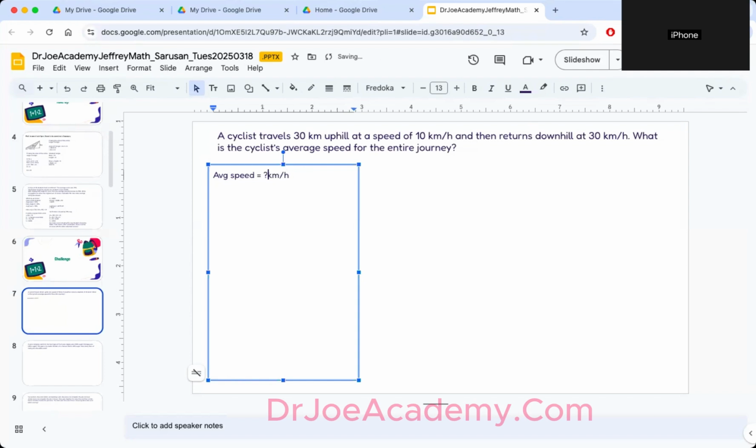So it'd be 60 divided by 4. Okay, so let's go step by step. How did we get each of those numbers? How'd you get 60? How'd you get 4? I got 60 because 30 plus 30 is 60.